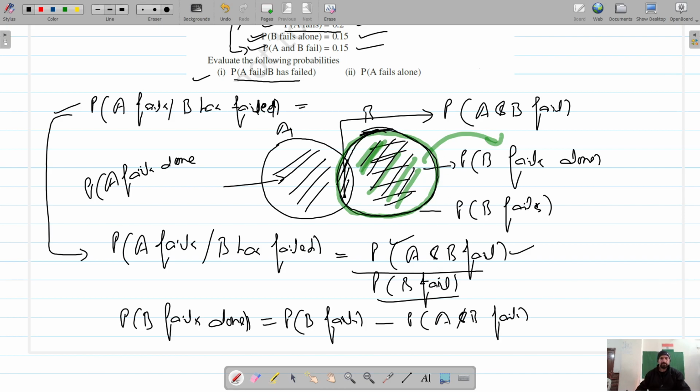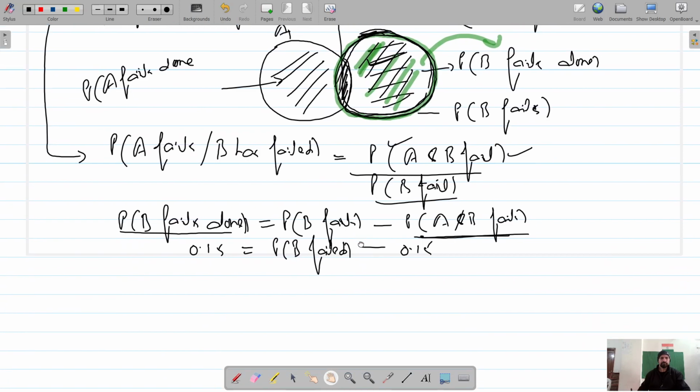So this complete is the probability of B failing, this one is the probability of B and A failing, and excluding this one is the probability of B failing alone. B fails alone is 0.15, and the probability of B failing we don't know, and we know this one as well, it's 0.15.